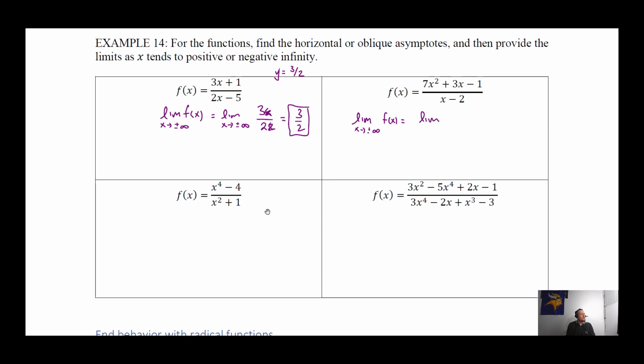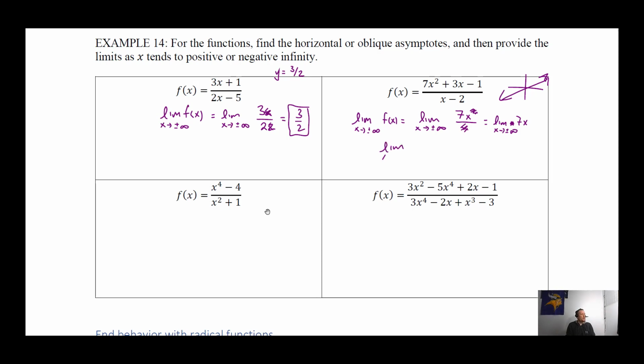Okay, dominant term analysis. The limit as x goes towards plus or minus infinity of this function would be the limit as x goes towards plus or minus infinity of 7x squared, which dominates the top, over x, gone, gone. This is the limit as x approaches plus or minus infinity of 7x. 7x is first degree, so in general it looks like a positively sloped line.